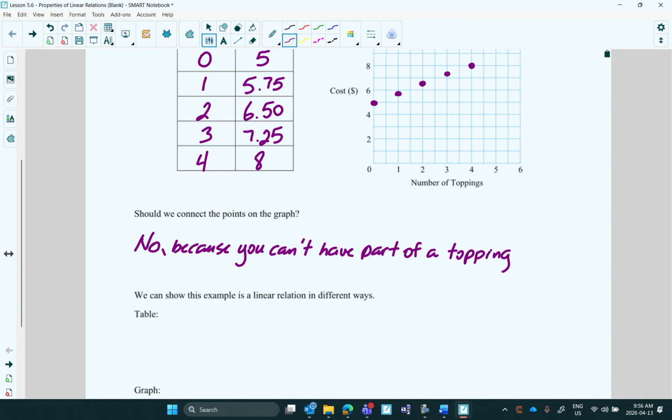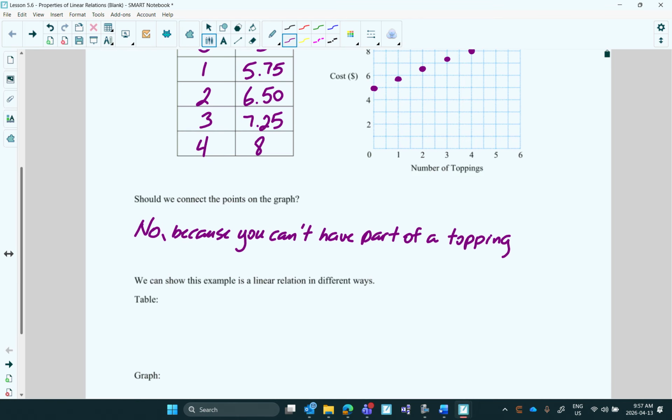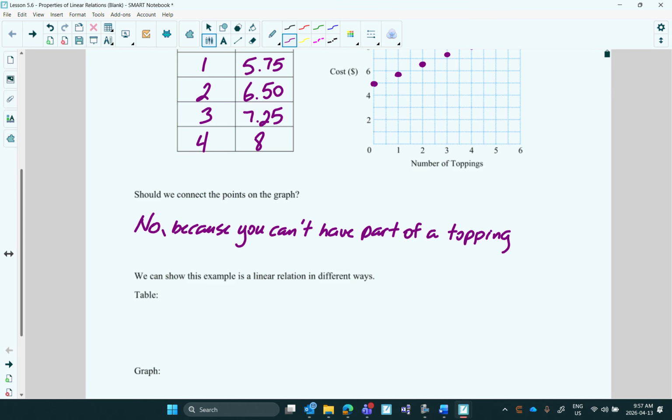Now, the next question is, I could ask you what the domain is, what the range is, what the independent variable is, what the dependent variable is. Another question to ask is, is this relationship linear?